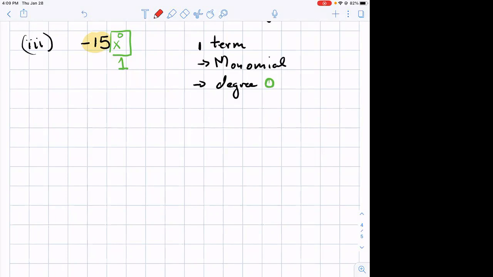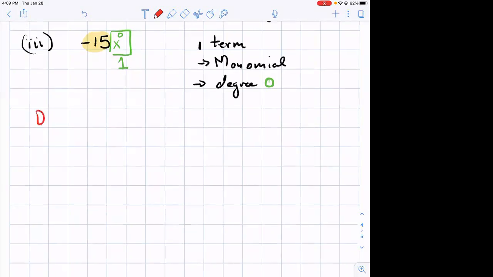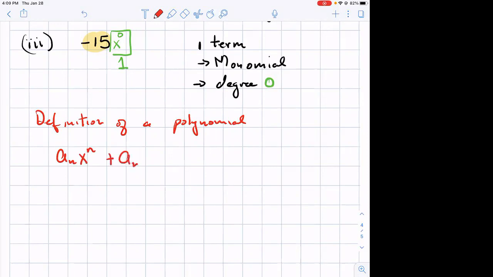And the definition that you will see later on for polynomials is generally written as a_n x to the n plus a_(n-1) x to the n minus 1 plus dot dot dot going all the way up to a_2 x squared plus a_1 x plus a_0.